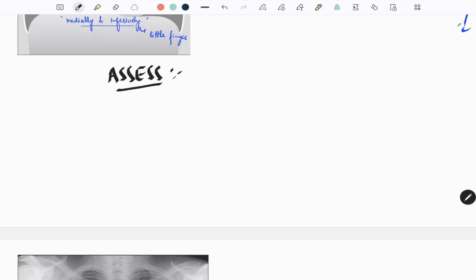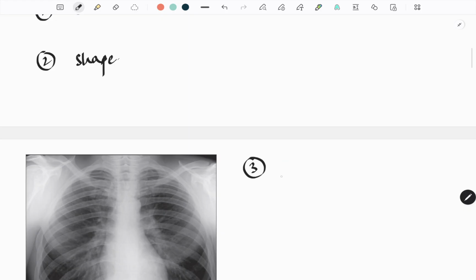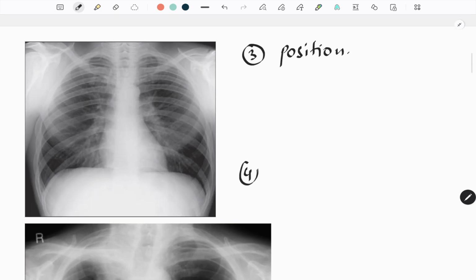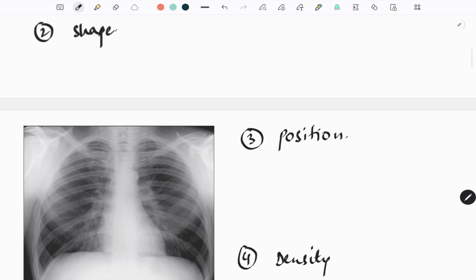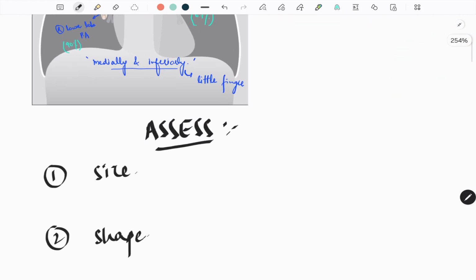We'll assess it by, first of all, the size of the hilum, then the shape of the hilum, then the position of the hilum, and then the density of the hilum. I'll come to each point one by one.